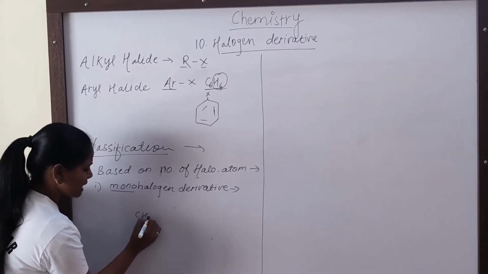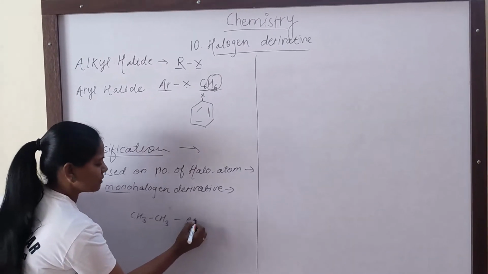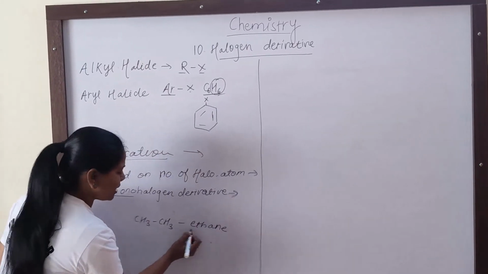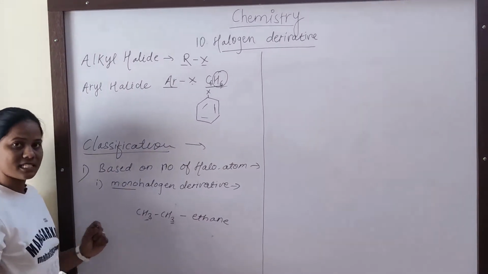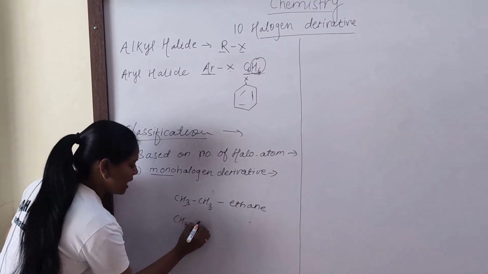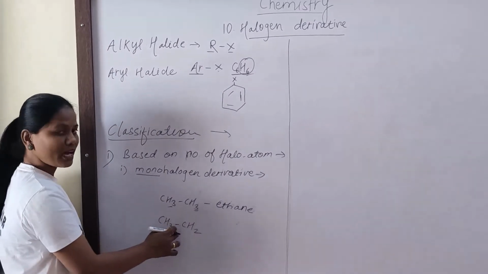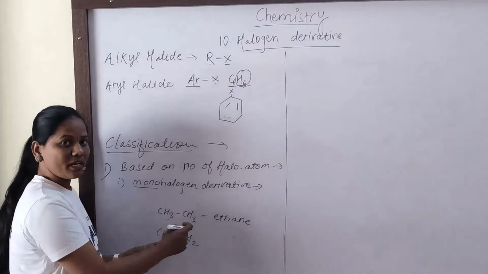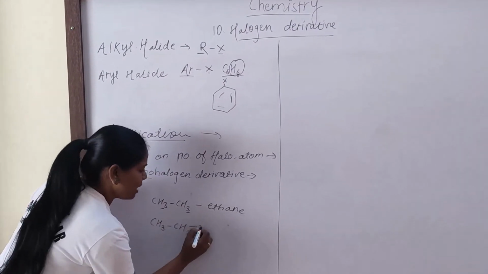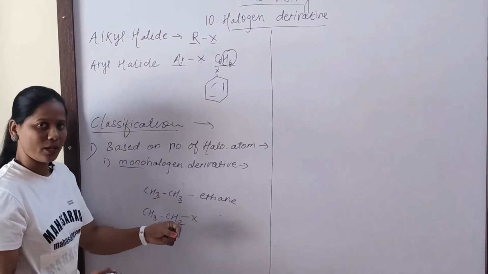You can see here CH3, CH3. What is it? It is named as ethane. Now there are total 3 plus 3, that is 6 hydrogen atoms. Out of these 6 hydrogen atoms, any one hydrogen, either from this carbon or this carbon, will be replaced by the halogen atom. Now instead of X, you can write here chlorine, bromine, iodine.